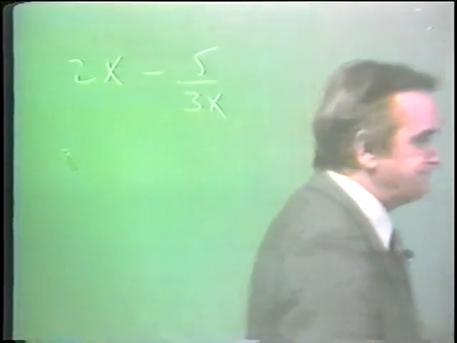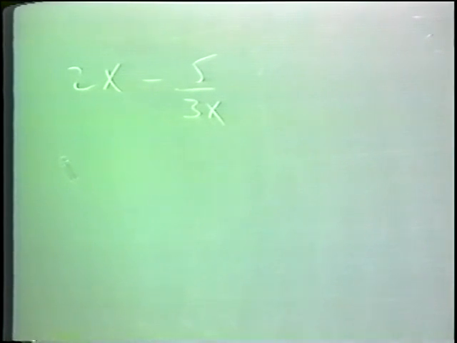We have an algebraic mixed number, and we'd like to convert this to a single fraction. Should be nice and easy.